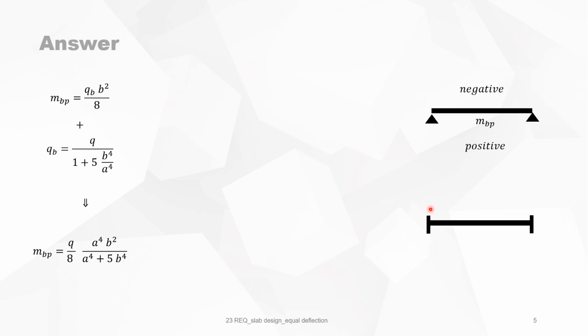In direction of A, we have a fixed end support on both sides. So the positive bending moment, again, is at the bottom, the negative bending moment at the top.